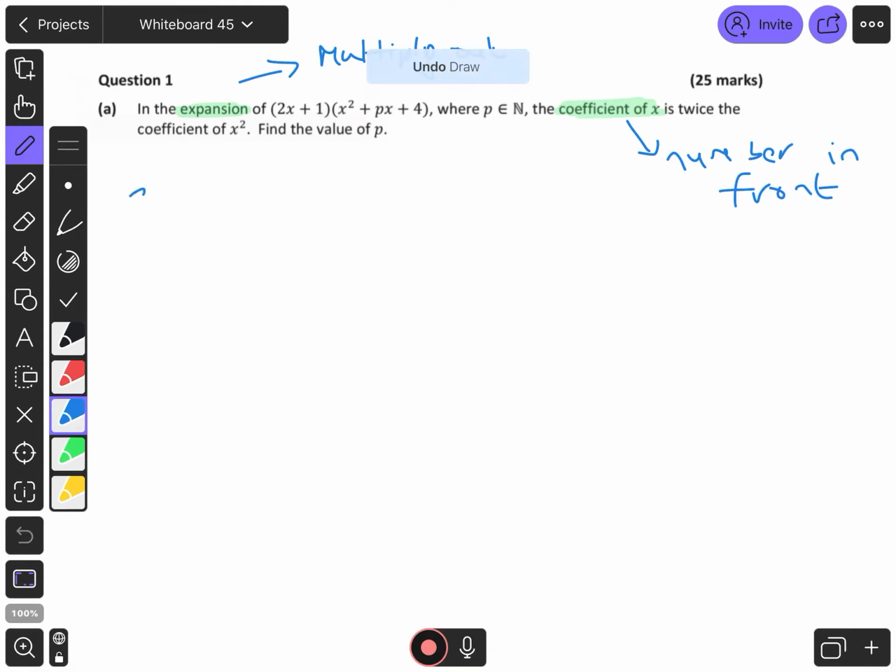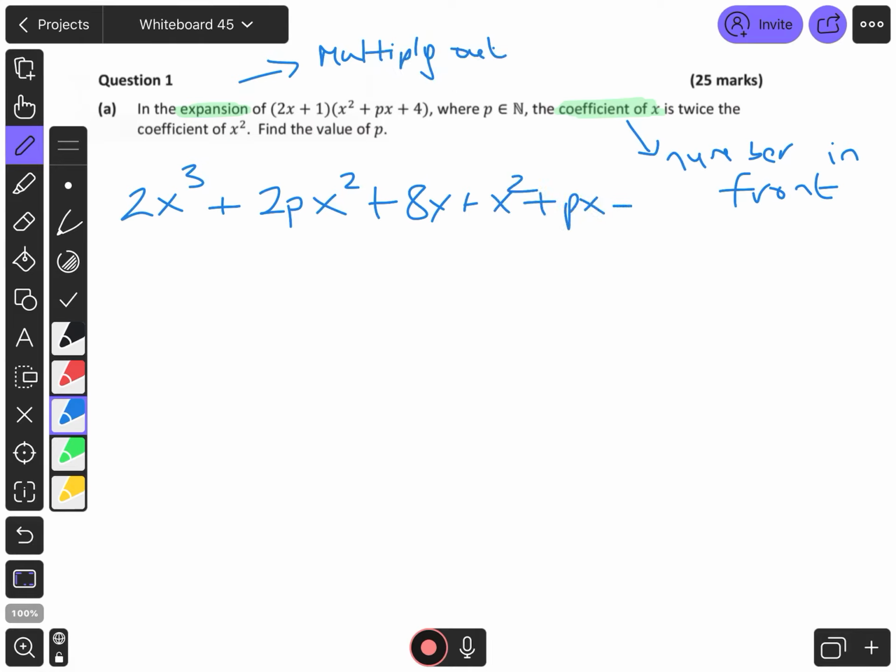So it's going to be 2x³ plus 2x by px, that's going to be plus 2p x². Don't worry about what order the letters are in. And then 2x by 4, just the numbers always go first, plus 8x. Next I need to multiply 1 by all of this. When I multiply 1 by anything, it's just itself. So I'm going to just write out the second bracket.